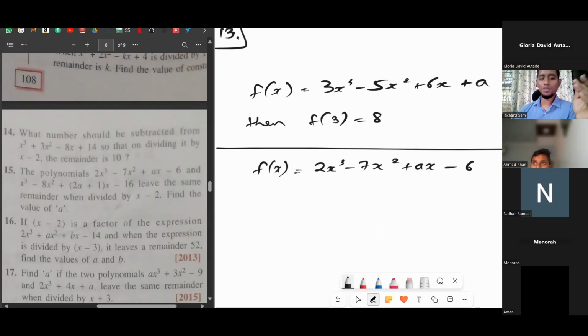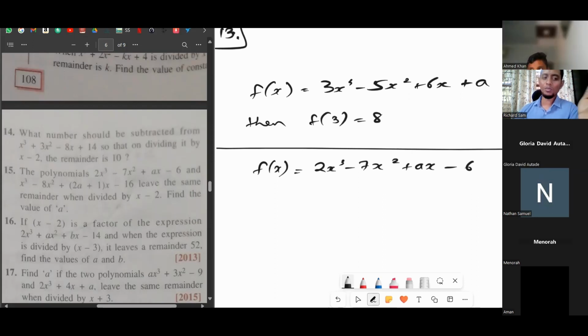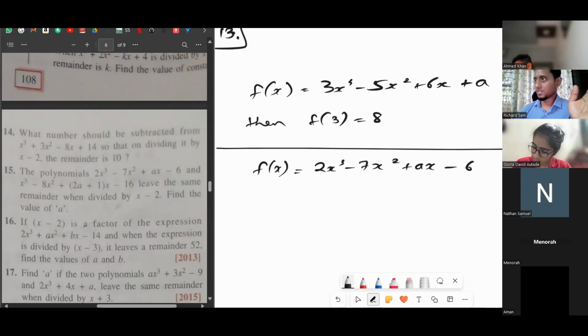So if we divide the first polynomial with x minus 2, and the second polynomial also with x minus 2, what are we getting? The same remainder. The first polynomial we'll call f of x.